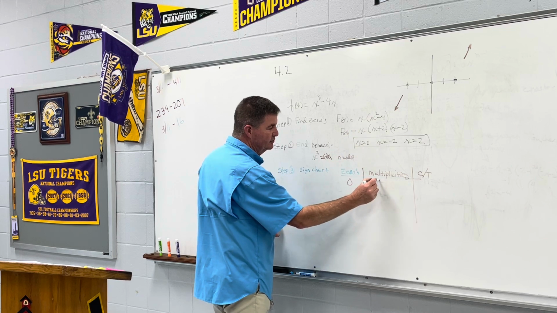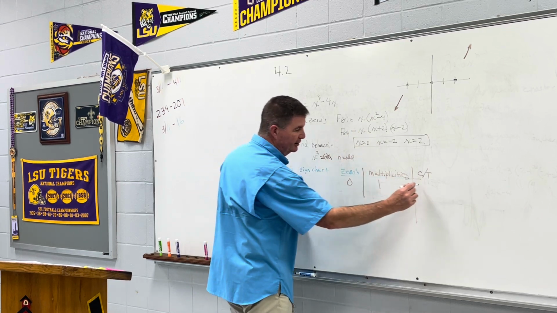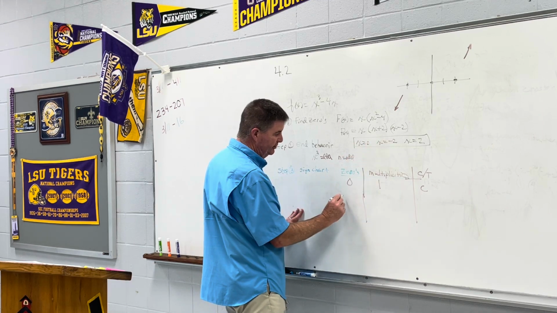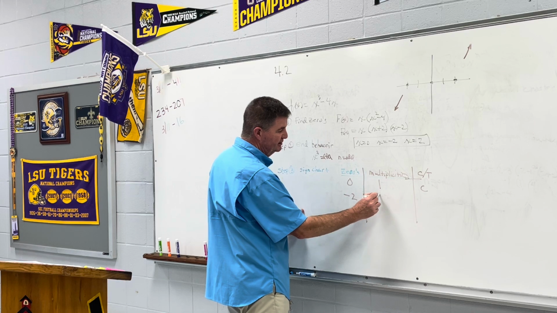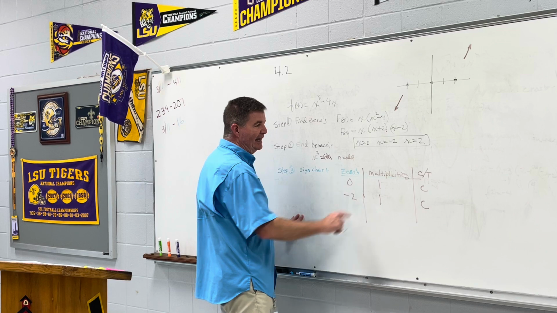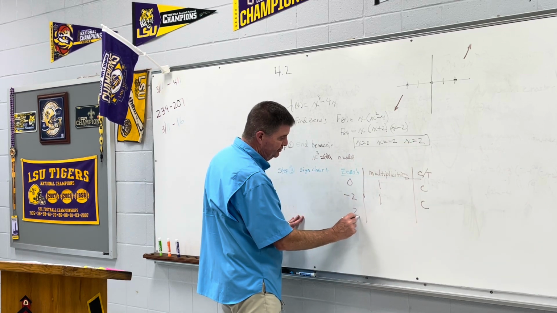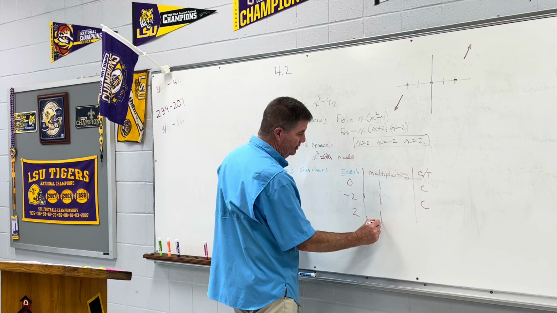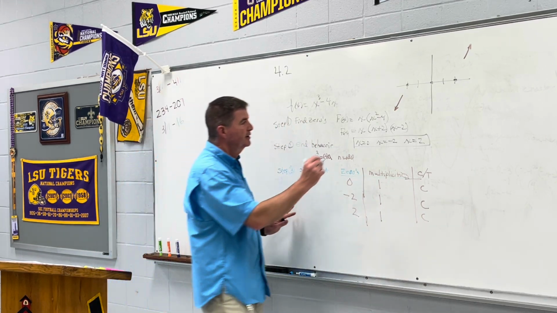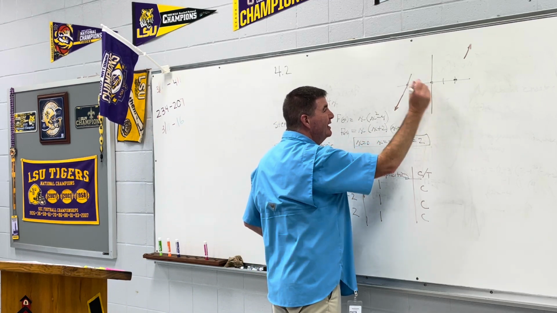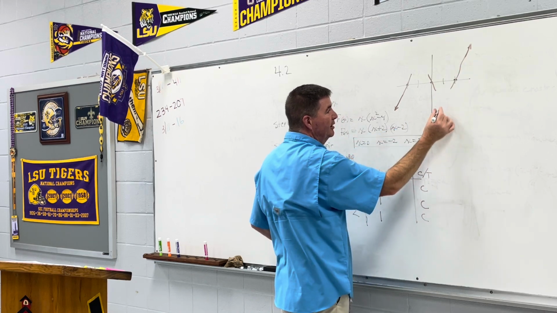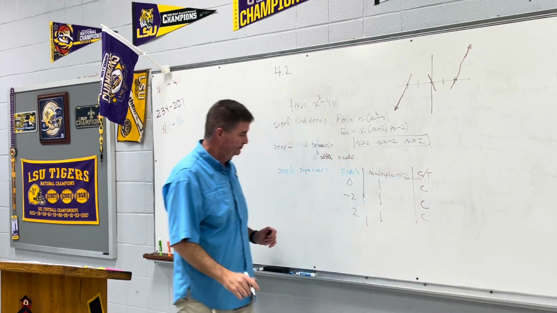That multiplicity is 1. If it's 1, it crosses. The second one we have is -2. Multiplicity of 1, because we only have one of them, therefore it crosses. And then we have a zero of 2, multiplicity of 1, and it crosses. So each one of those crosses. But what we want to know is how far down or how far up.